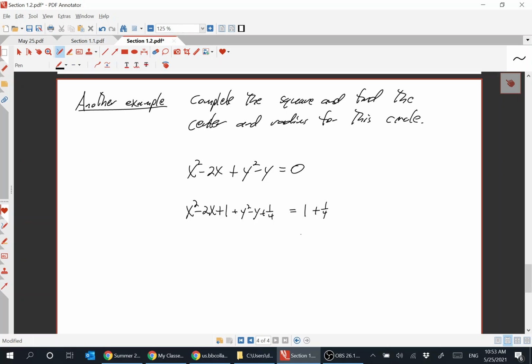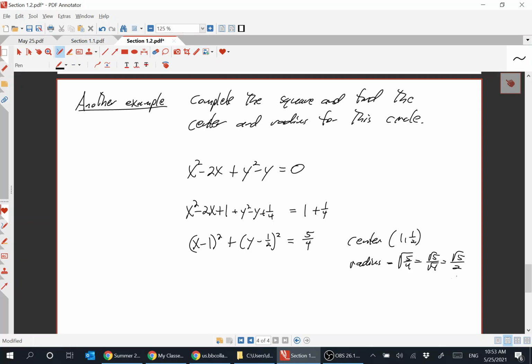Okay? So now this is x minus 1 squared. This is y minus a half squared, and this is 5/4. So the center is 1 comma 1/2, and the radius is root 5 over 4, which is square root 5 over square root 4, which is root 5 over 2, if you want to write it like that.